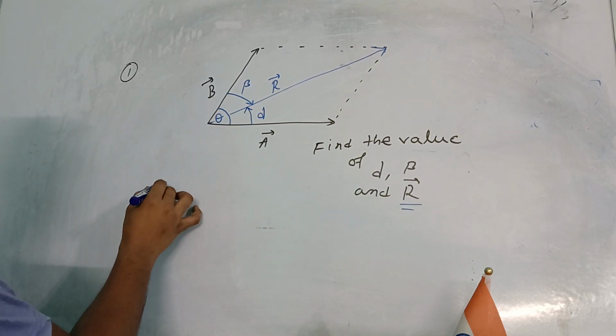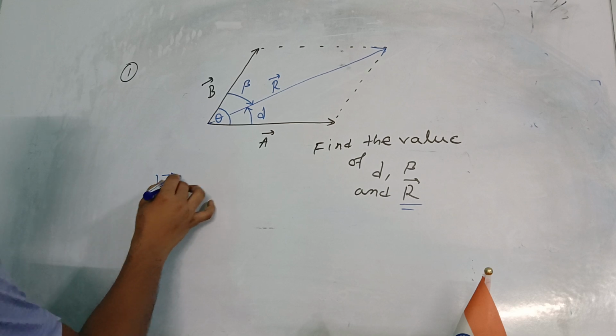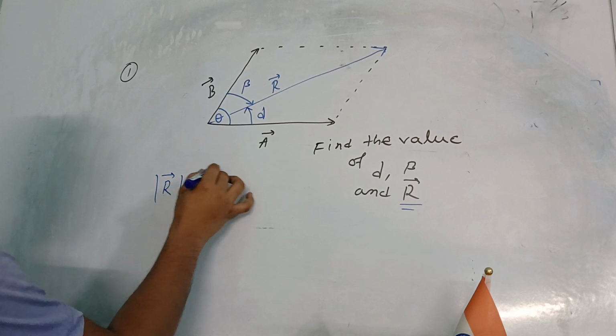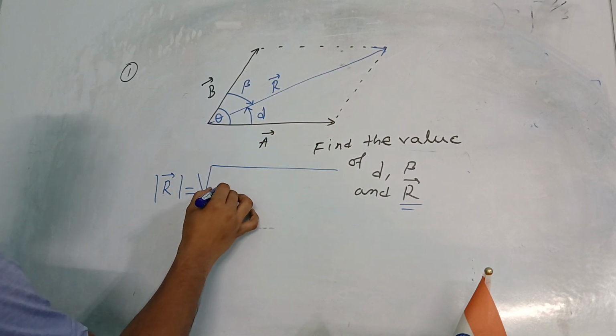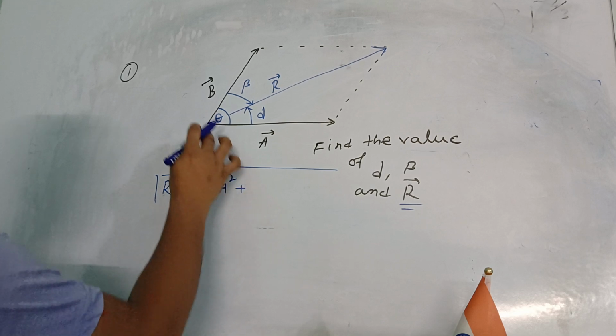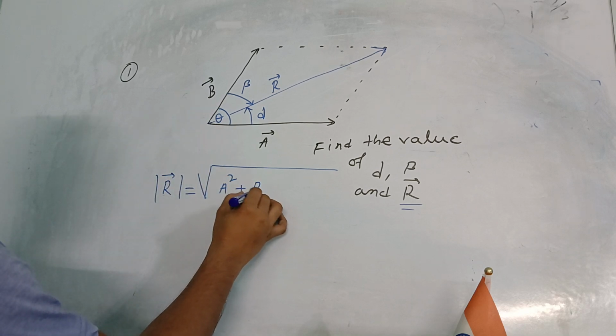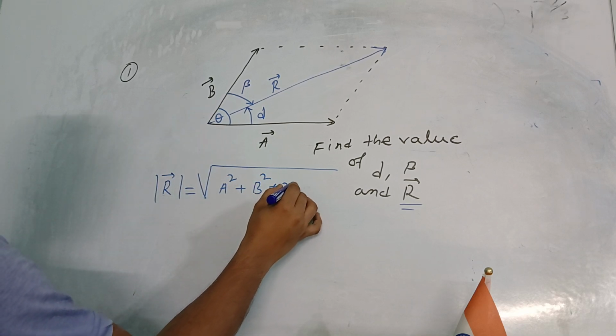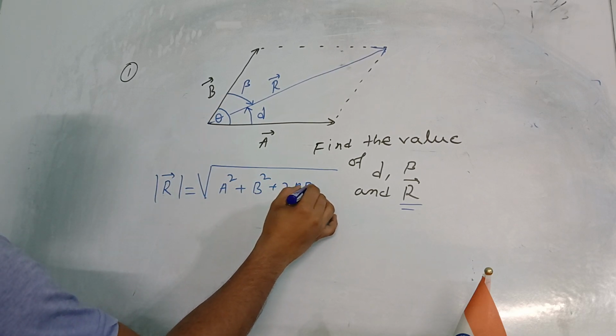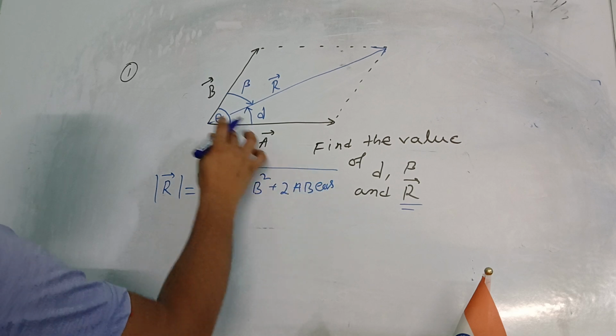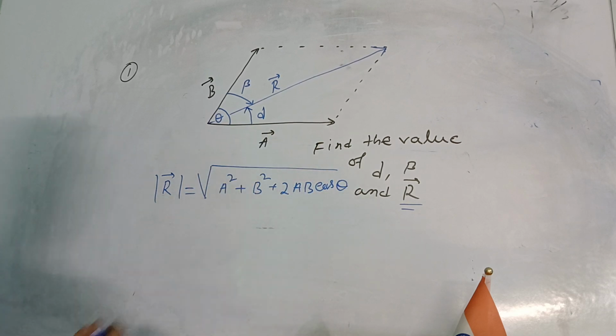It is a vector, so the resultant can be written as under root of magnitude of a square plus magnitude of b square plus 2 times magnitude of a, magnitude of b and cos of the angle between them, theta. So this is the magnitude.